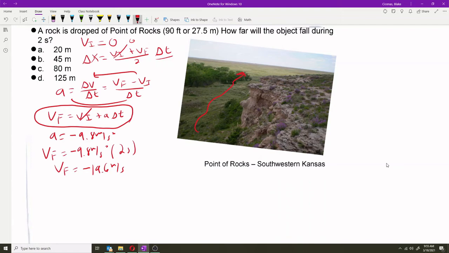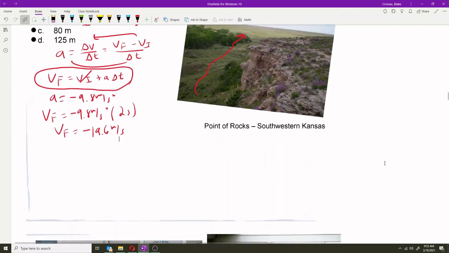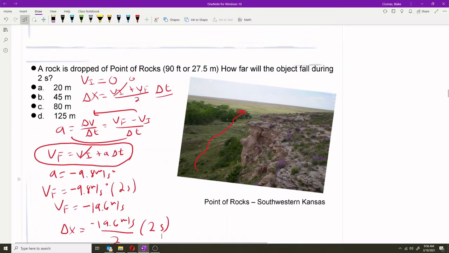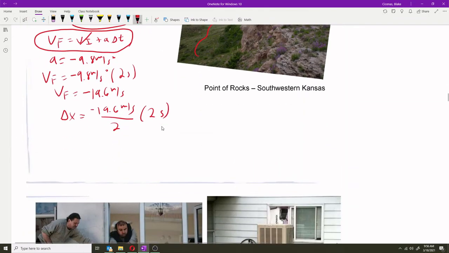Now that I have the final velocity, I can plug it into that equation to get my distance. So I put negative 19.6 meters per second, divided by 2, and then times 2 seconds. Once again, I'm using this up here. Your seconds cancel, giving you units of meters, and your 2's cancel, which then gives you negative 19.6 meters.